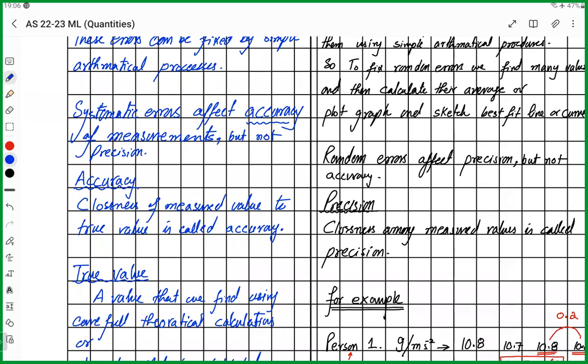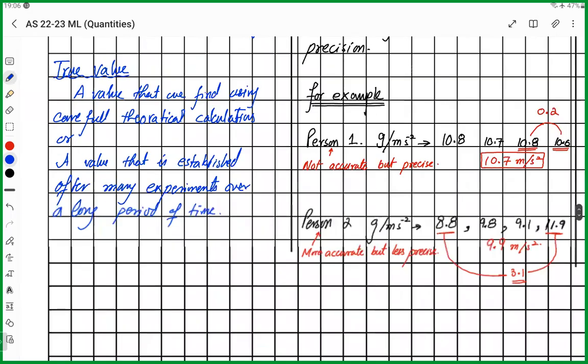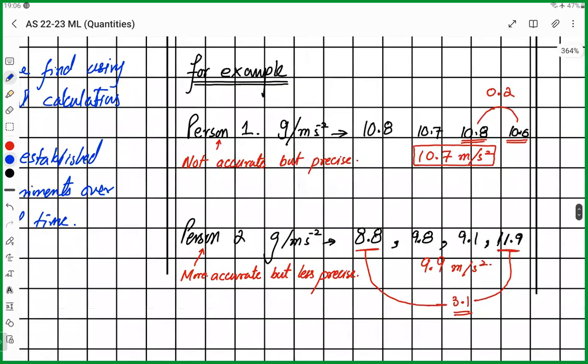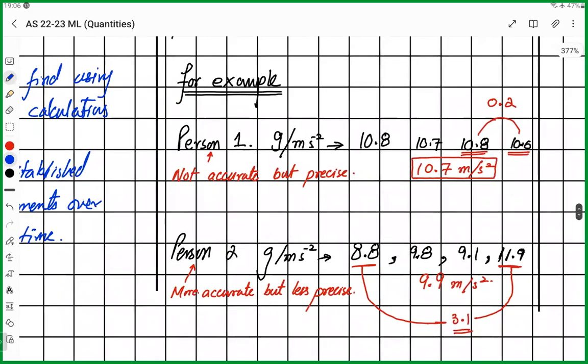So your difference will be equal, and all your values will be incorrect but very close to one another. That means systematic error will not be affecting precision of the measurement. So what kind of errors were made by person 1? Was he making too much systematic errors or too much random errors?